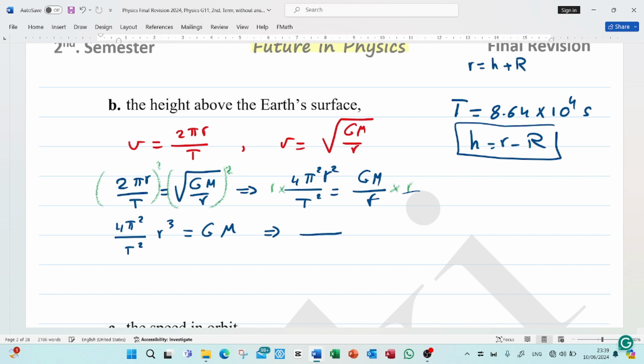So 4π squared in the calculator, T time period, I said it's 8.64, then in bracket 8.64 multiply 10 power 4 all squared, this is the time period, multiply r cubed equals G, which is constant, 6.67 multiply 10 power negative 11 multiply the mass of the Earth.